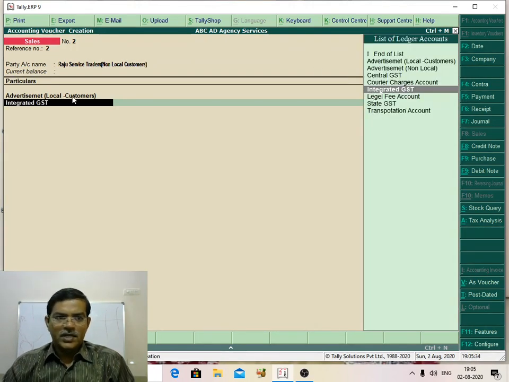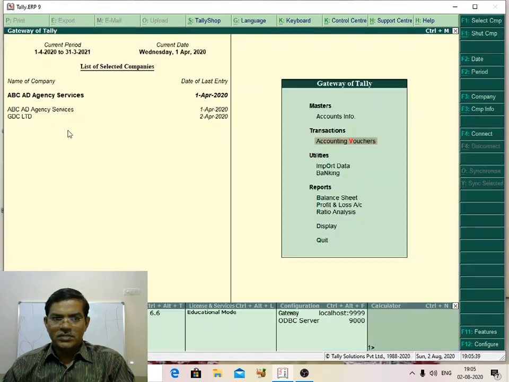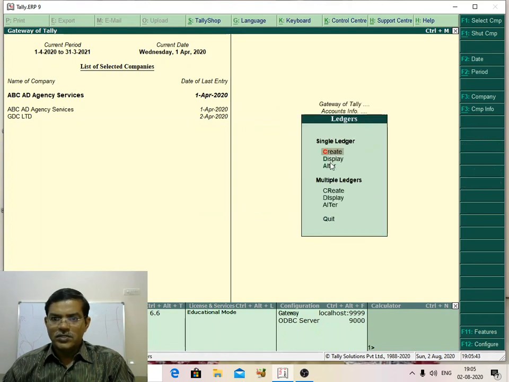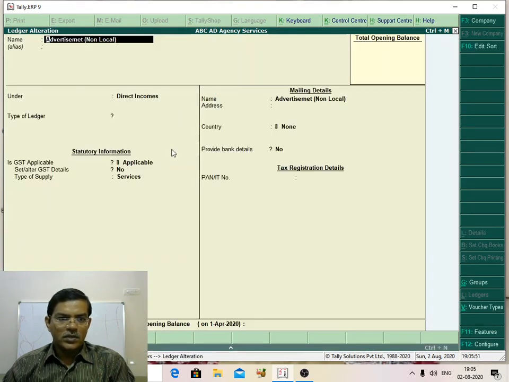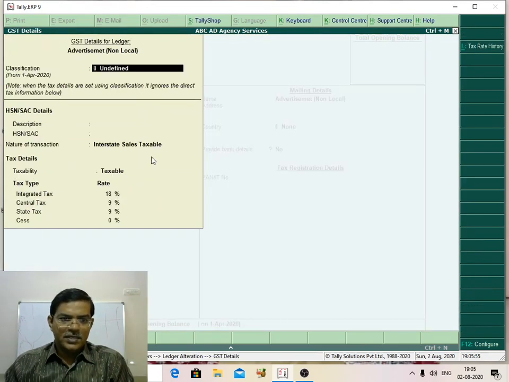I will check, as the transaction is not shown. I will check the advertisement account, Ledgers, Alter, advertisement non-local. Here GST is applicable, yes, and the rate.